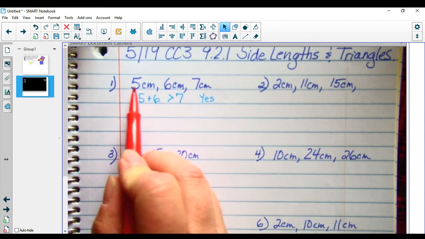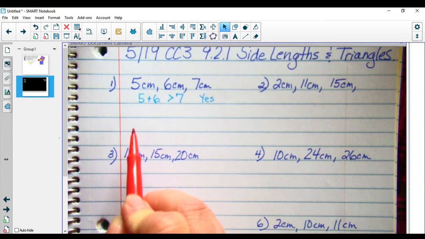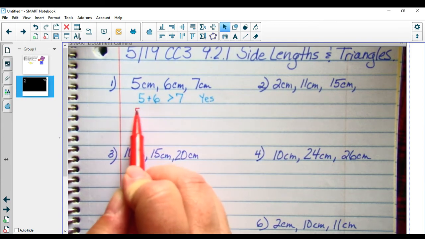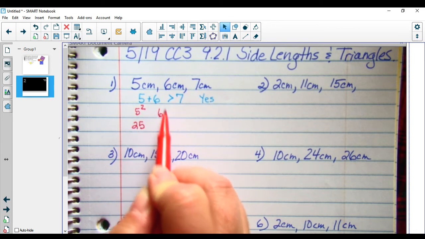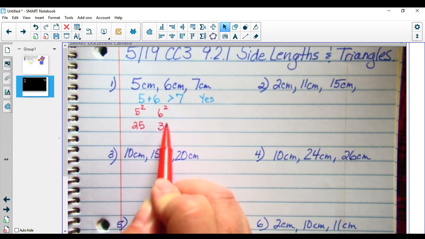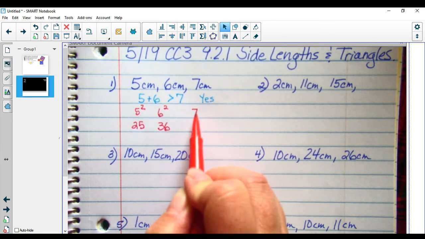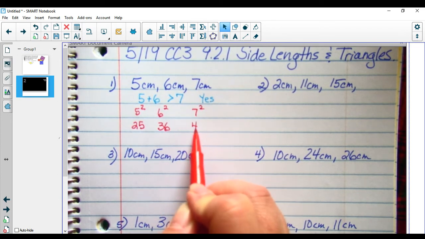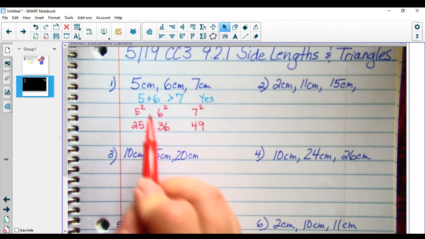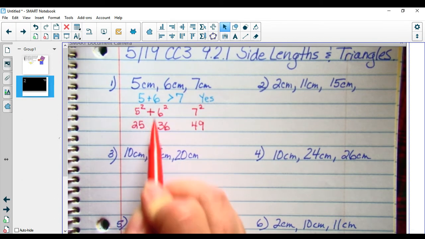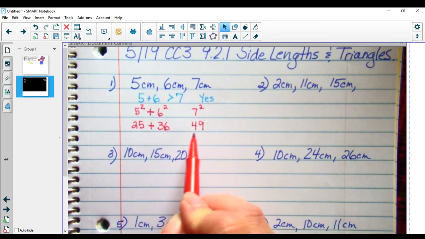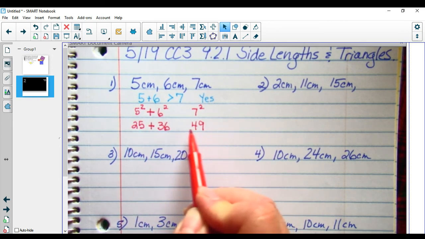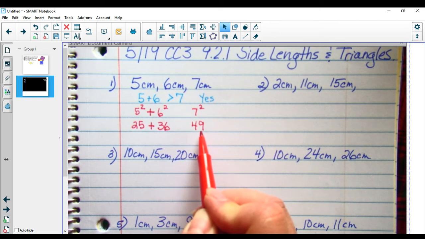So we need to square all three of our sides. 5 squared is 25. 6 squared is 36. 7 squared is 49. Now, we want to know, do our two smallest squares end up being less than 49, equal to 49, or more than 49?